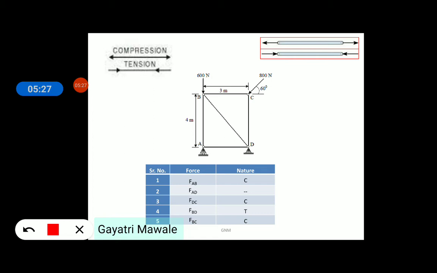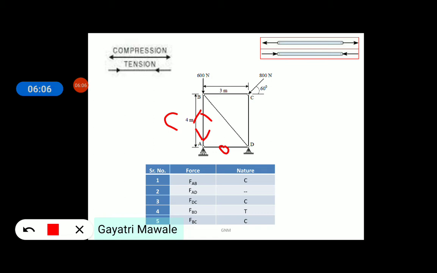Now in the truss shown in the figure, if I want to show force AB, which is compressive in nature, it can be shown by two arrows like this. This is compressive force FAB. Force FAD is a zero force member in this truss, so its nature is not shown.